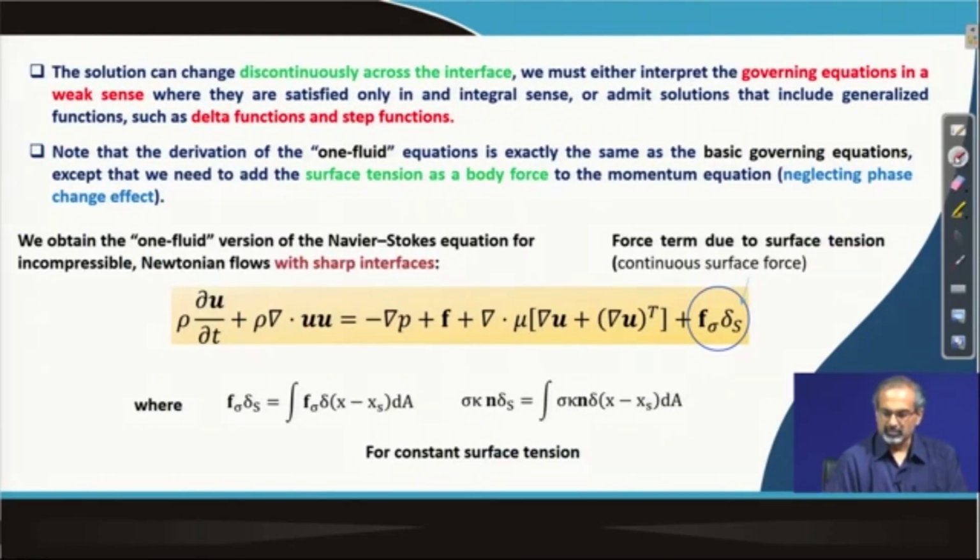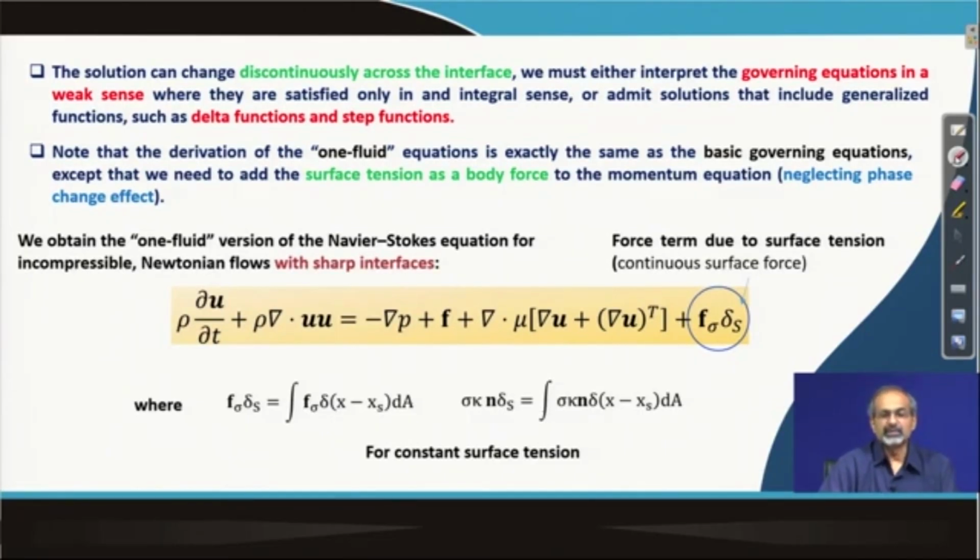So, going a little further into it, the solution can change discontinuously across the interface. We must either interpret the governing equations in a weak sense, where they are satisfied only in an integral sense, or admit solutions that include generalized functions such as delta functions and step functions, that is Heaviside functions. So, these are two possibilities.